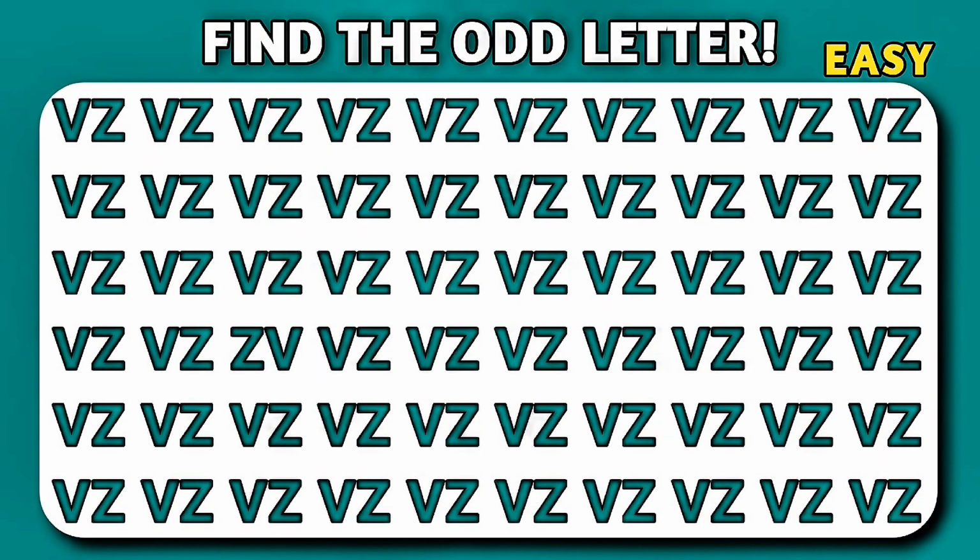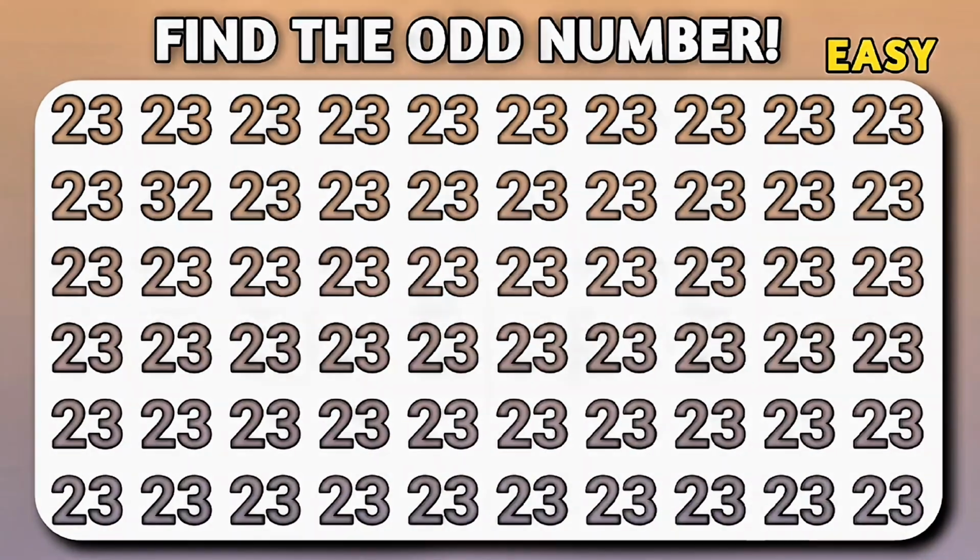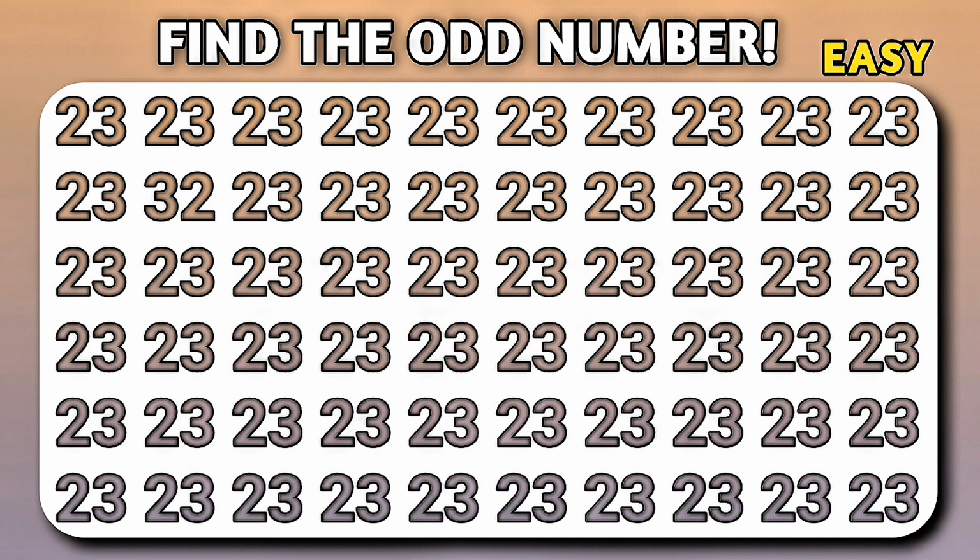Can you find the letter ZV between these letters? You got it, that trick is ZV. Which number does not belong in this group?